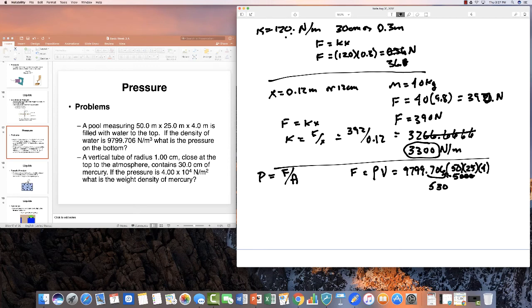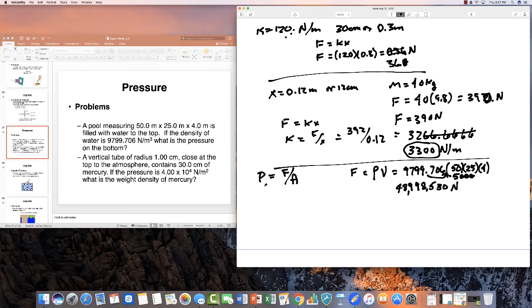Carry 3 over here. 5 times that's 45 plus 3 is 48. 5 times that's 45 plus 4 is 49. 5 times that's 35 with 4 is 39 again. And then 5 times that's 45 with 3 is 48. And so the total weight here is going to be 48 million and some change, almost 49 million newtons.